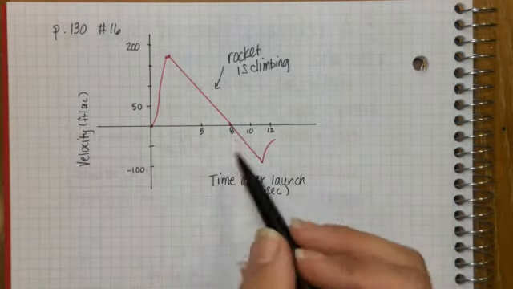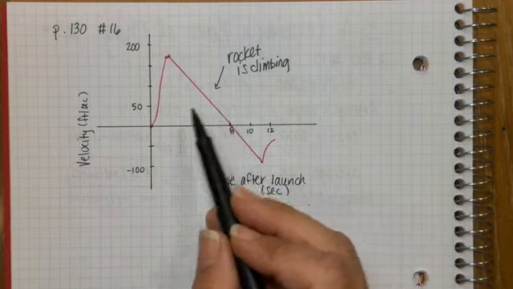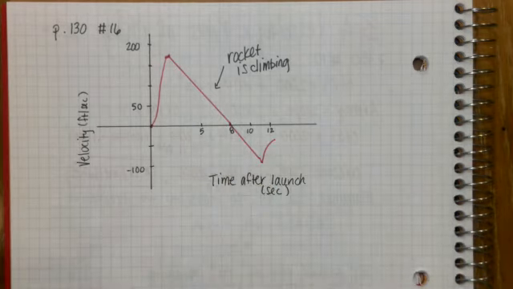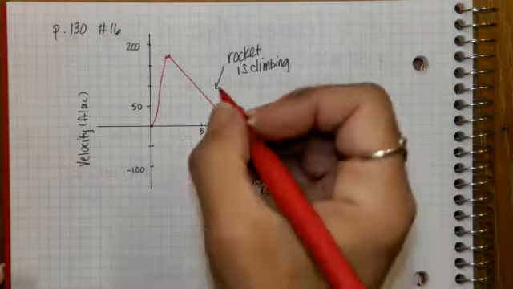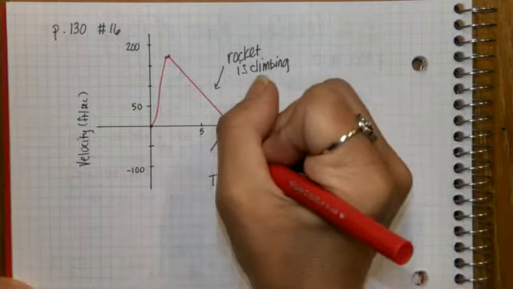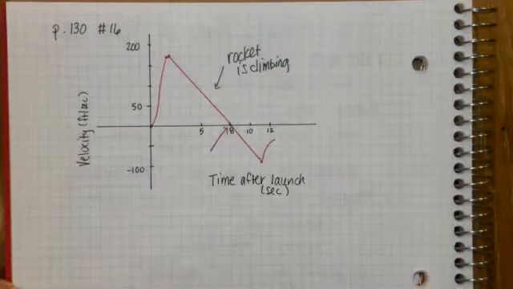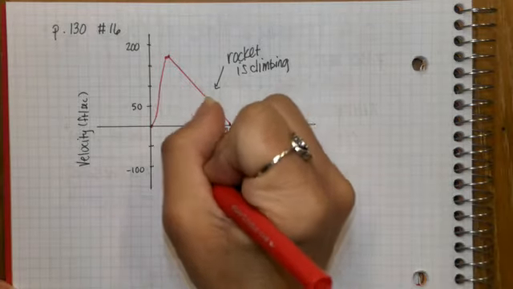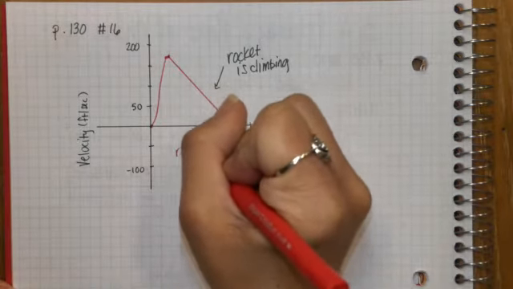What happens at 8 is that the velocity switches from being positive to negative. So right here is where the rocket starts to fall, heads back towards Earth.